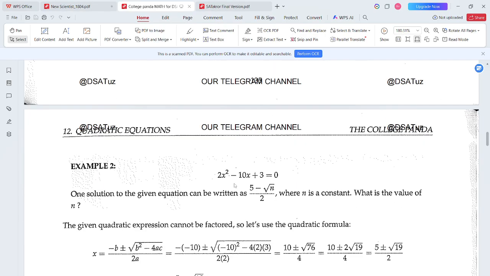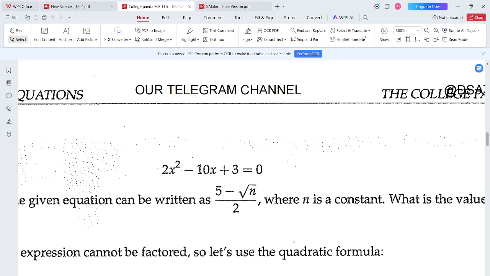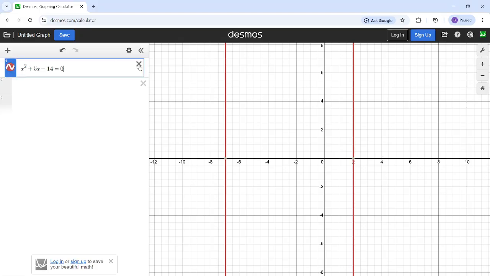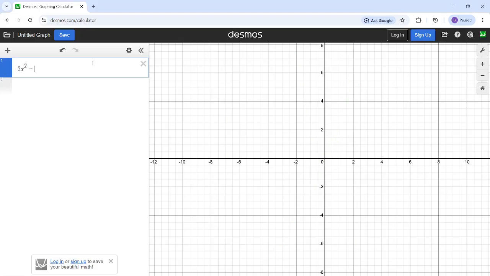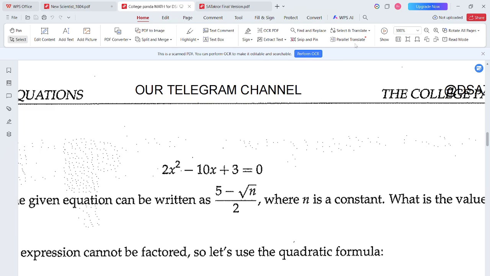Let's say we use the formula and try to solve the question. So 2x squared minus 10x plus 3 equals 0.